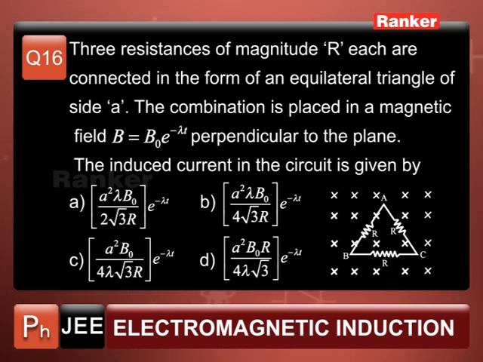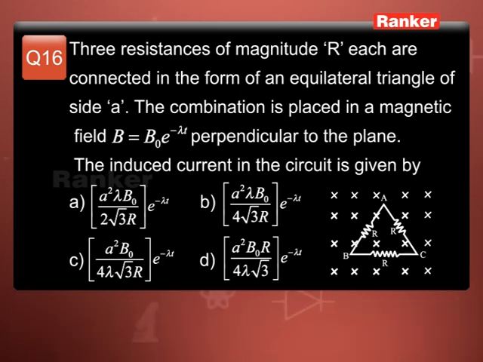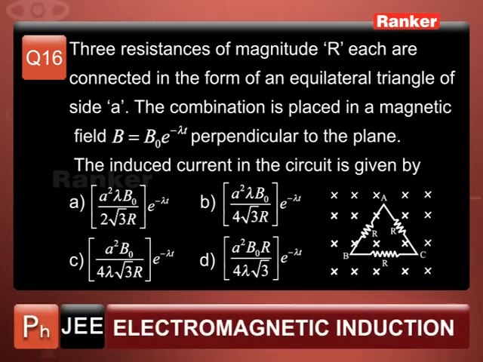First option is a square lambda B naught by 2 root 3 R whole multiplied by e power minus lambda t. Second option is a square lambda B naught by 4 root 3 R whole multiplied by e power minus lambda t.